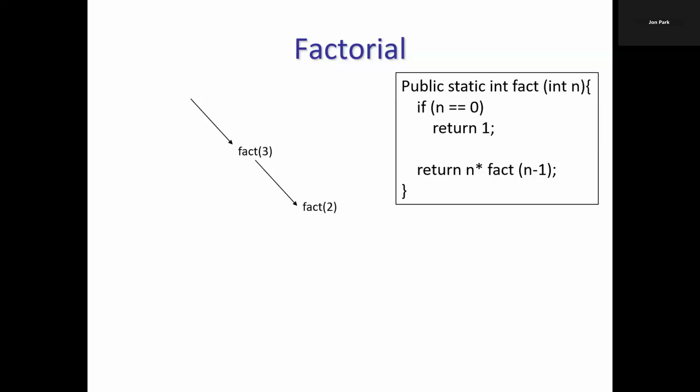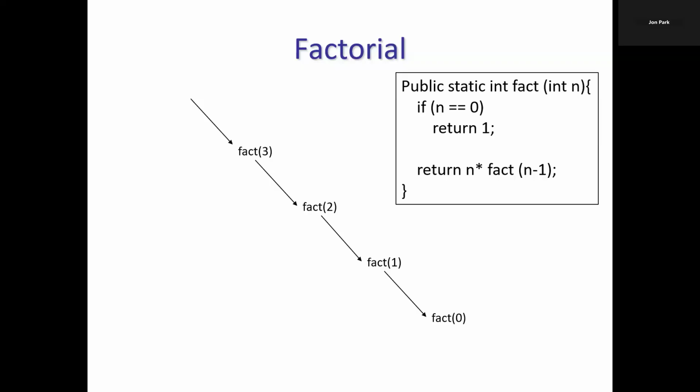Now this time it passes in 2. Same situation, 2 times fact of 1. To compute that, you have to wait to figure out what fact 1 is. And the same thing happens here. Now, think about this call. Fact is called and n is 0, in which case I don't have to wait for anything.